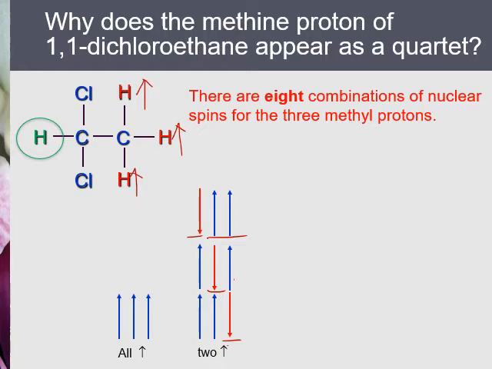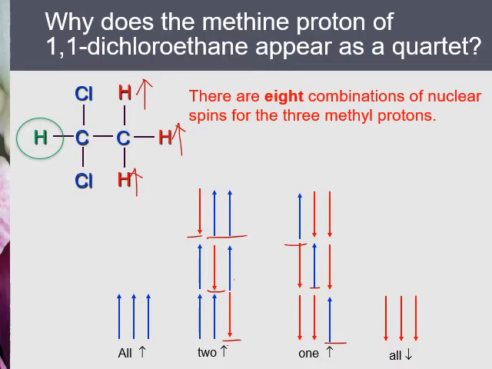Another possibility is 1 up, 2 down, and that also gives you 3 arrangements: first up, second up, or third up. The last possible combination is all 3 protons spin down.